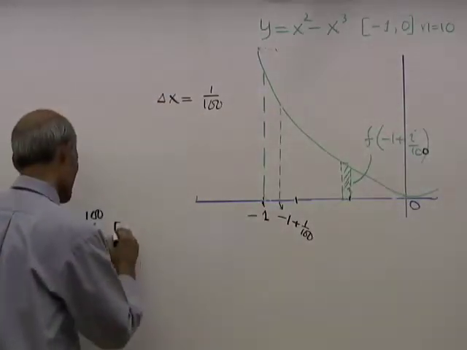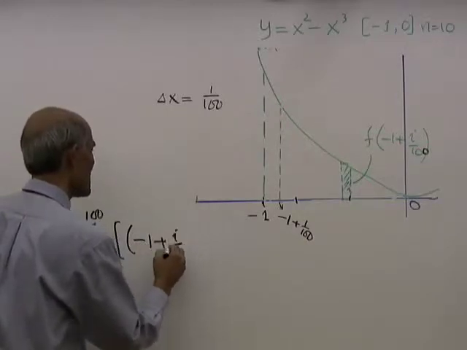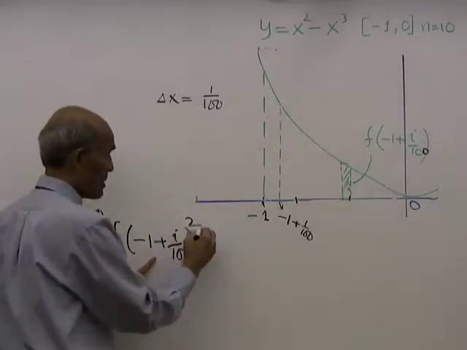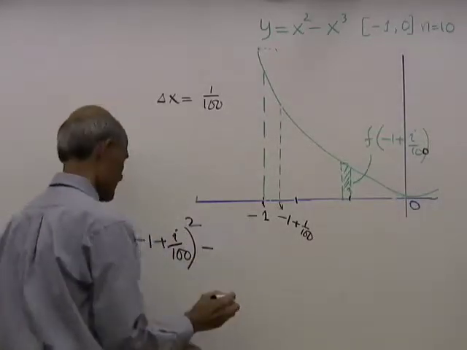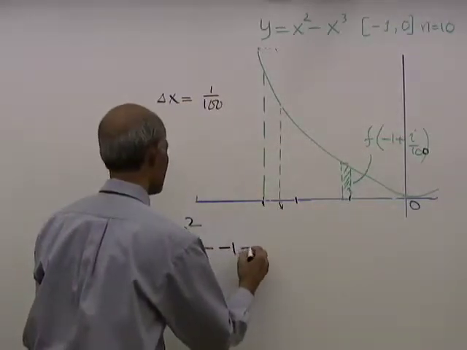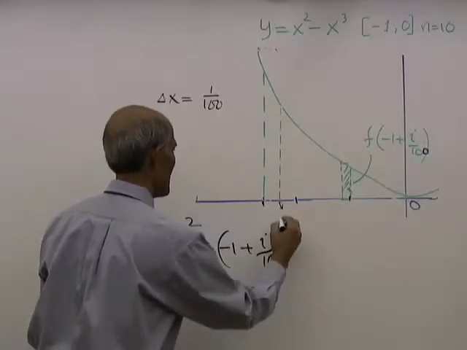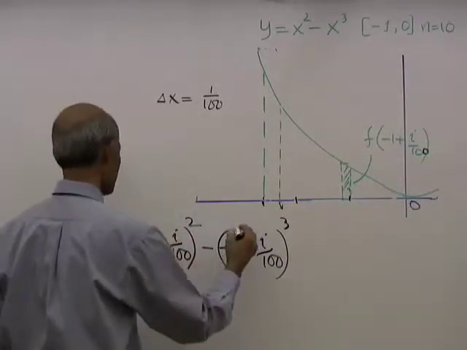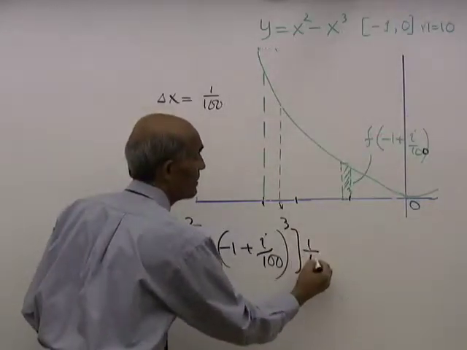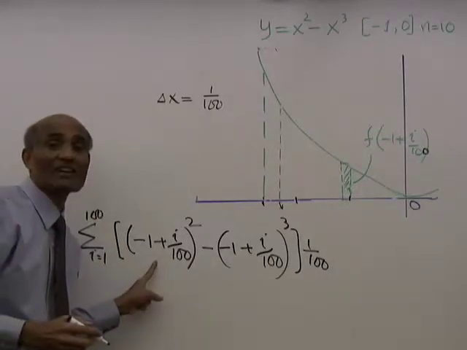Our, well, there you go. -1 plus i over 100, that's our x value squared, minus -1 plus i over 100 to the power of 3, and multiply that with delta x. What is delta x now? 1 over 100. Alright, can you work this out on the calculator?